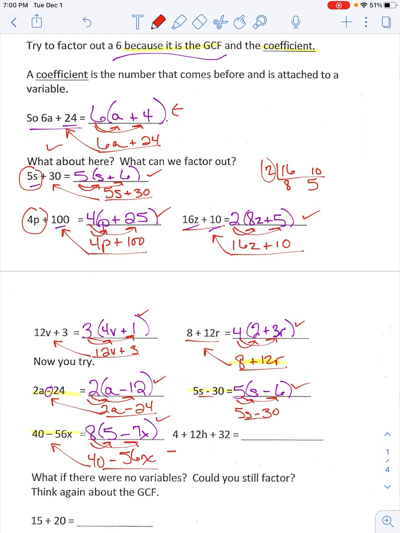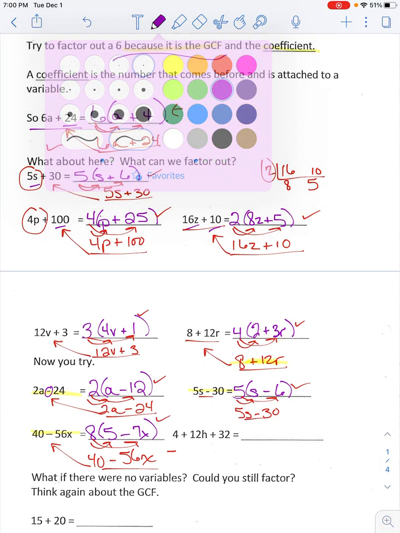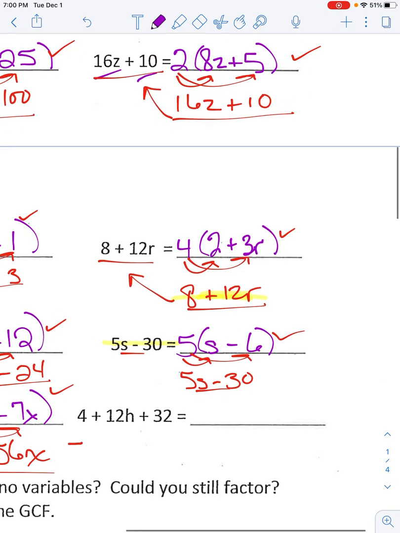Okay, and then let's look at the next one. So I have 4 plus 12h plus 32. Before you start with this one, there are some constants that you can combine, or combine like terms, okay? So 12h is by itself. We can leave that alone.